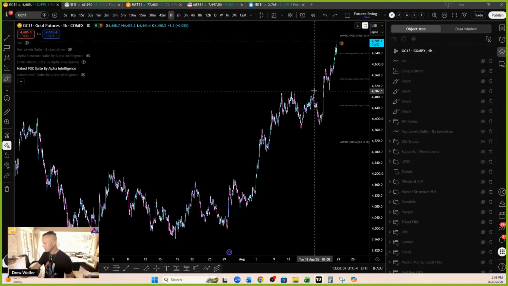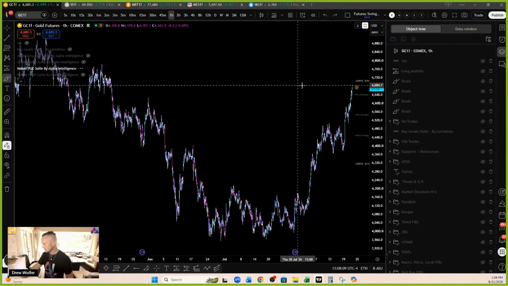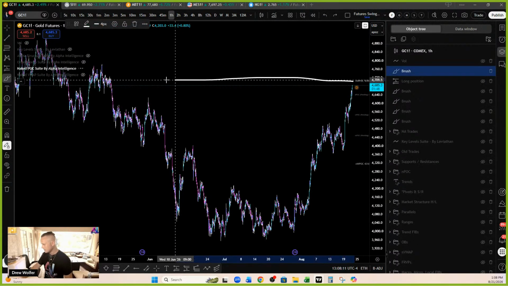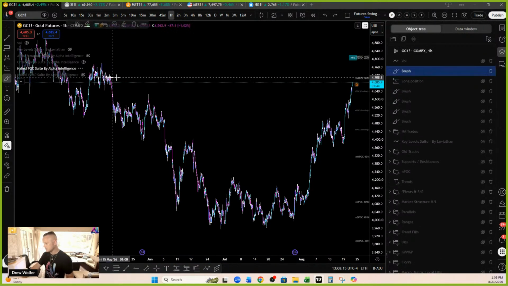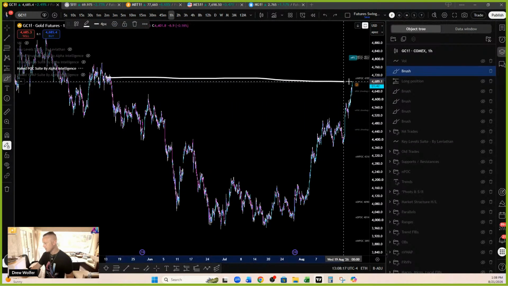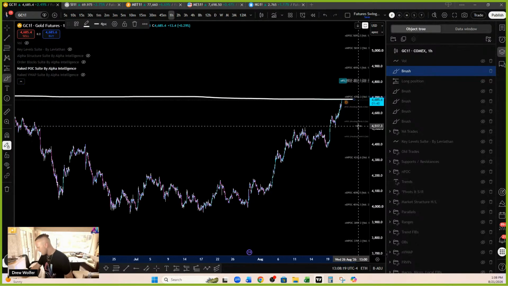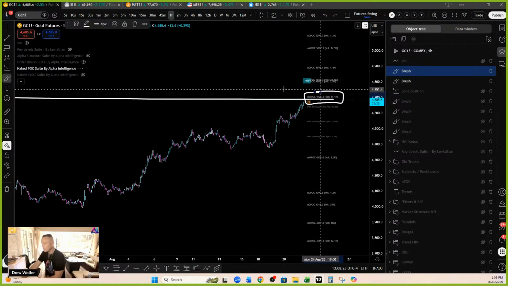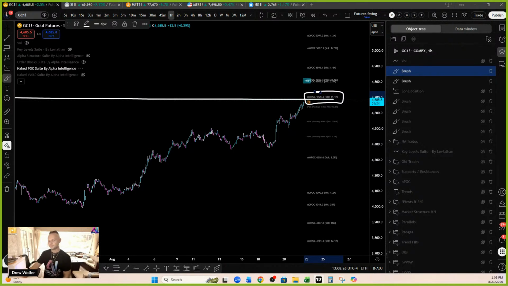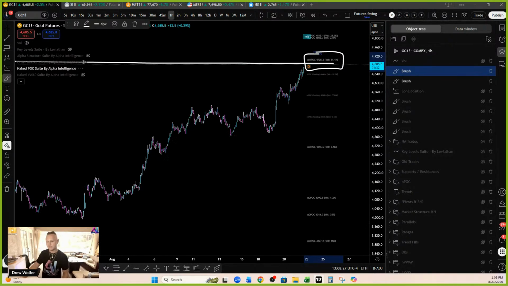It goes all the way back here. That's insane. That's where they were positioning way back here. They took a bunch of short positions at $4,705.